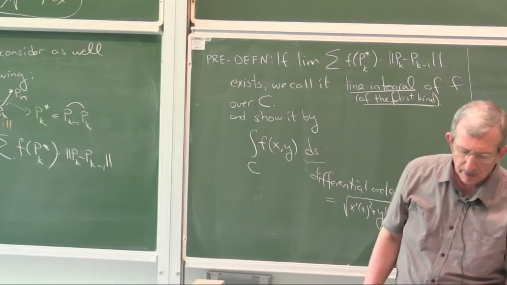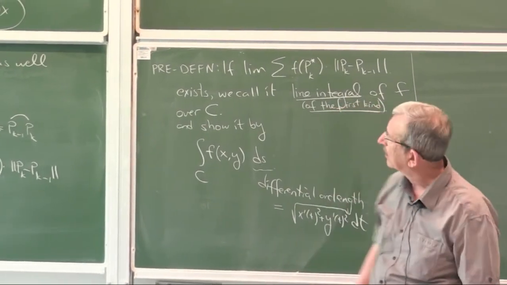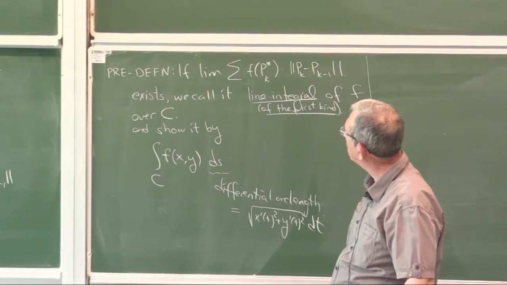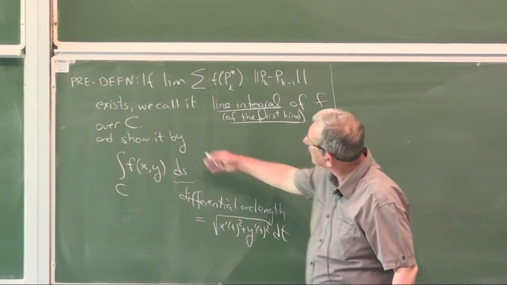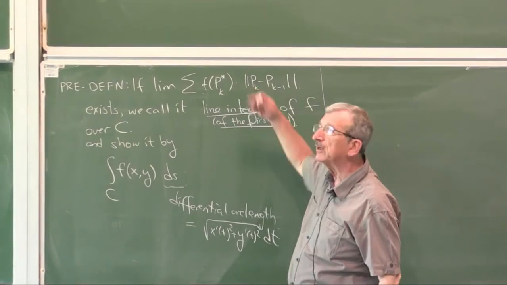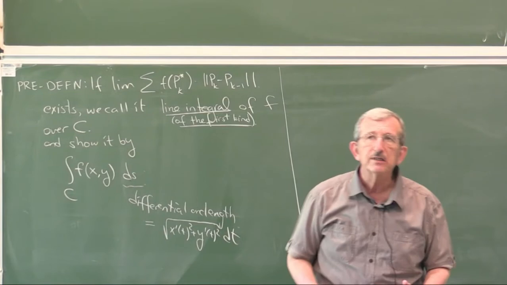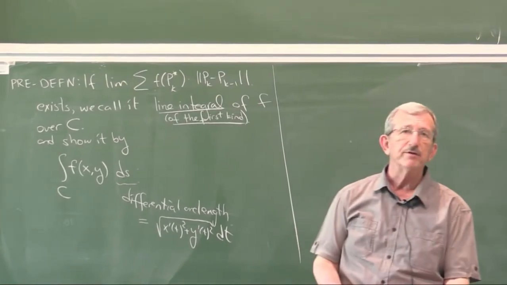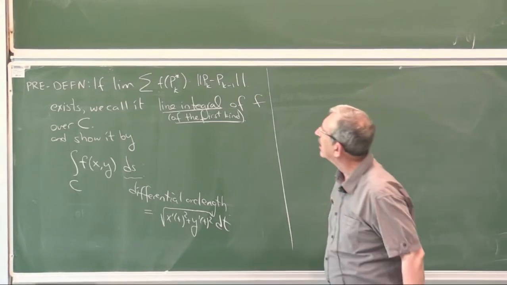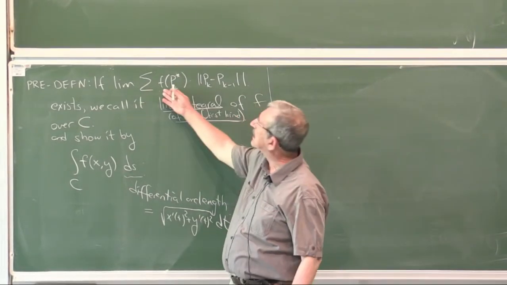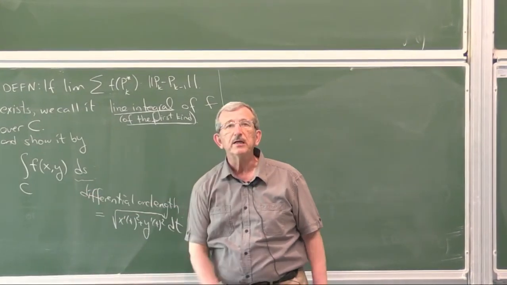Well, first of all, the line integral over a curve is defined through Riemann sums. So the first thing we infer is that all the standard properties of Riemann sums should be valid. That's to say, this is the limit of a sum, so line integrals must be linear.